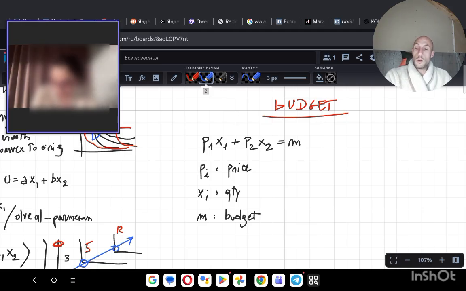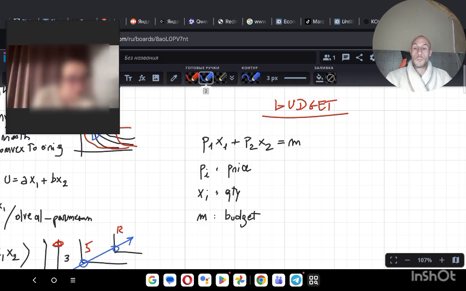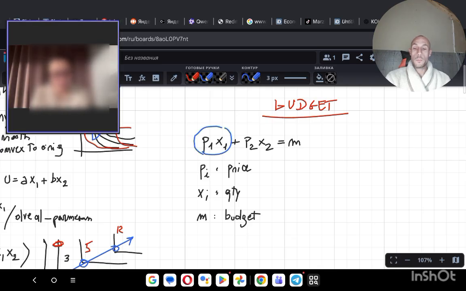Okay. Makes sense. Can you try reading what is there, please? What is P1x1? It's basically price multiplied by the quantity.